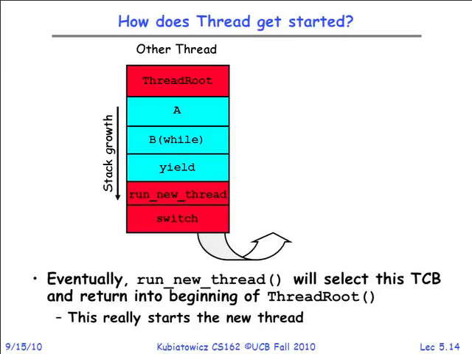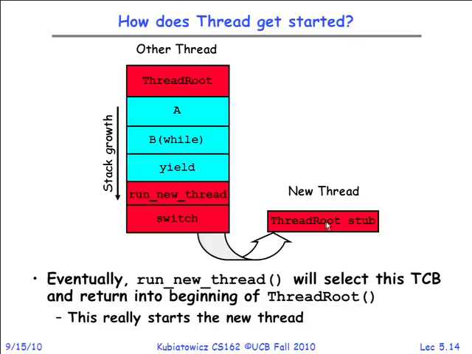Well, we switched to a new stack, right, because the stack pointer was in there. We've switched to having A0 and A1 be the pointer to the function and the pointer to the arguments. And the return address for thread root stub is actually set to a routine called thread root.